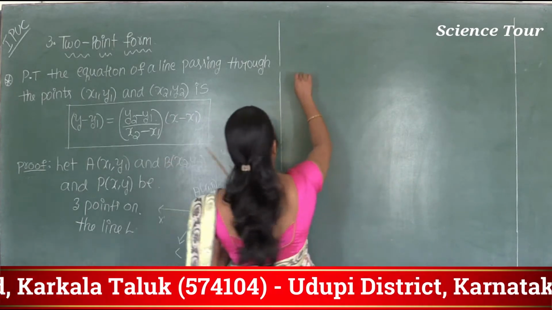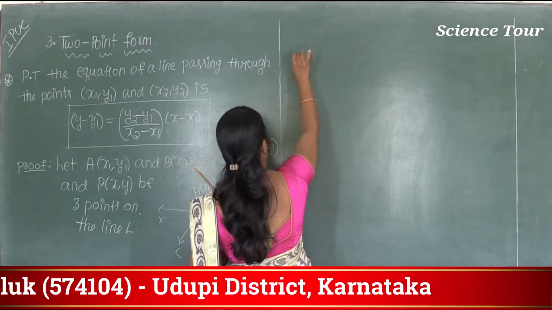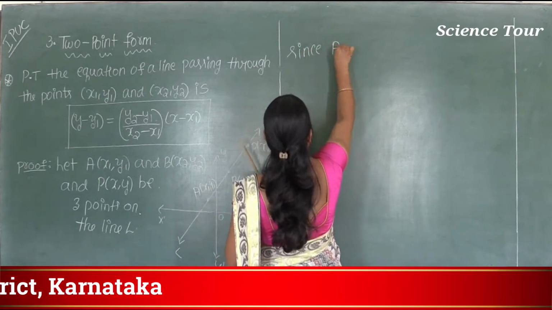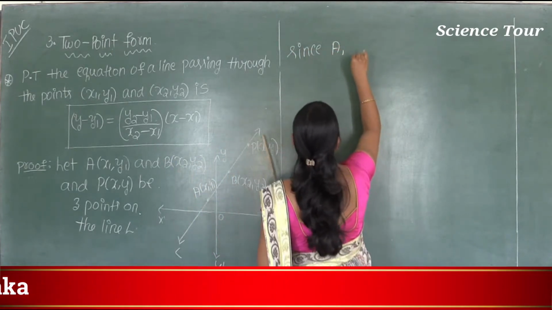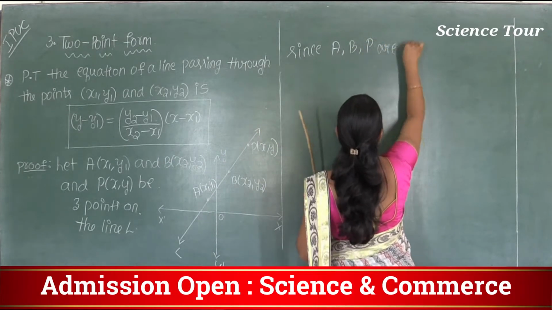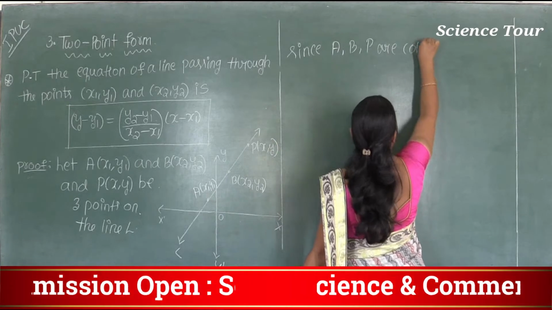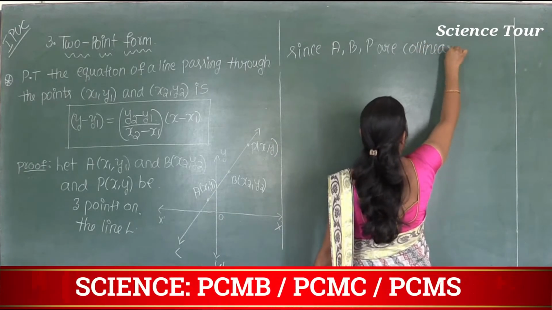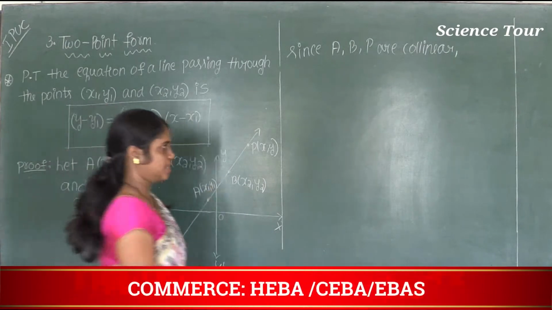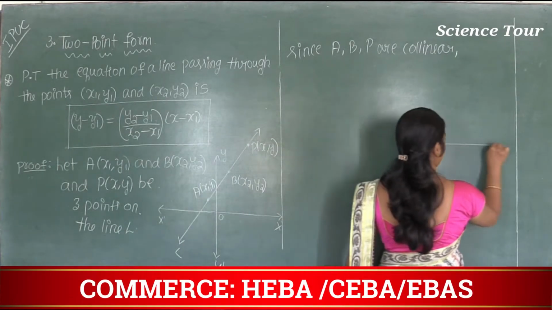Or else I can write like this: since A, B, P are collinear. See here, all the 3 points lie on the same line, that is collinear. I will draw here.